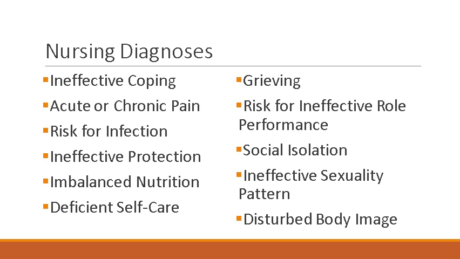Nursing diagnoses related to cancer: ineffective coping, acute or chronic pain, risk for infection. Remember, their white counts are going to be low, so their fighting power is greatly reduced, so they have a lot higher risk of infection. A lot of times these individuals are going to be in what's called protective or reverse isolation so that we don't bring anything in and expose them to whatever cold or flu that we might have.